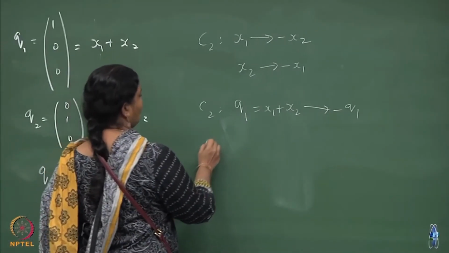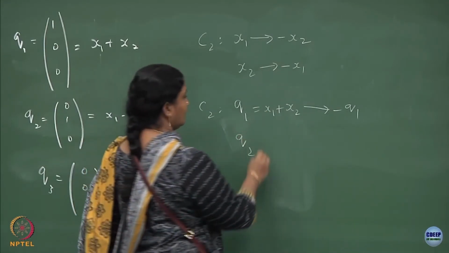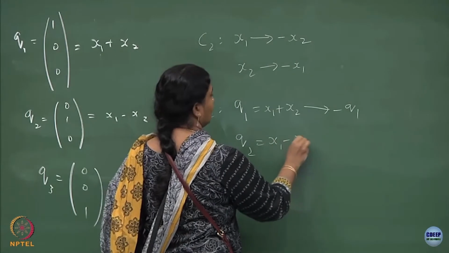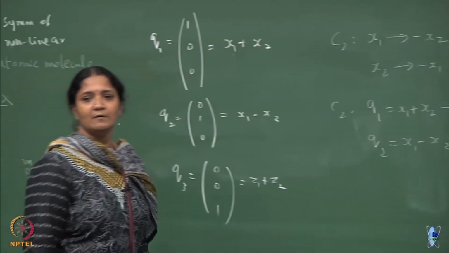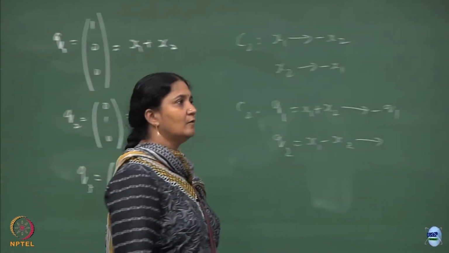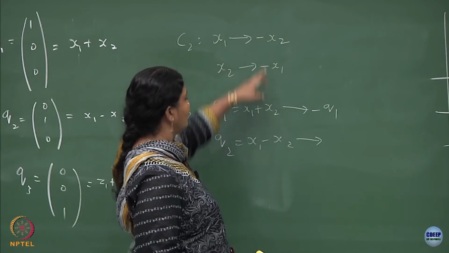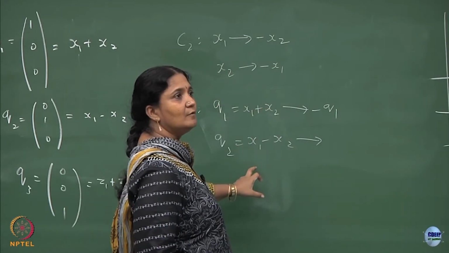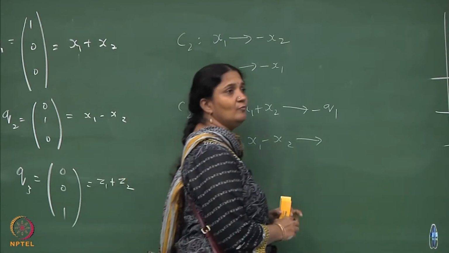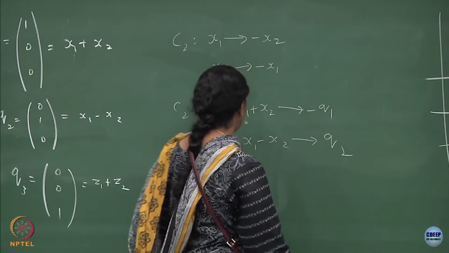What about Q2, that is the difference? x1 will go to minus x2, x2 will go to minus x1. So, Q2 will go to Q2, no change. What about Q3?